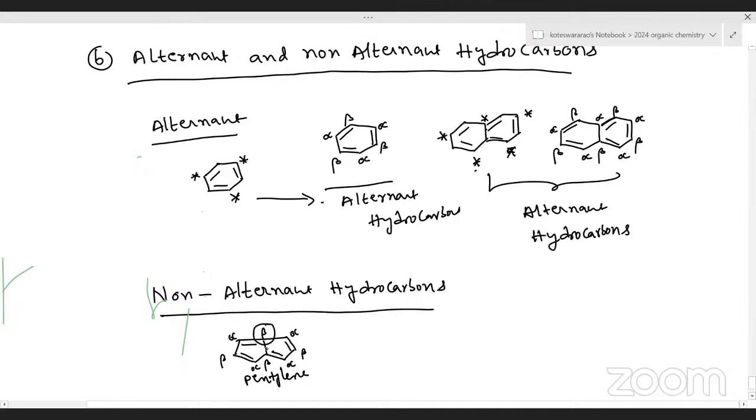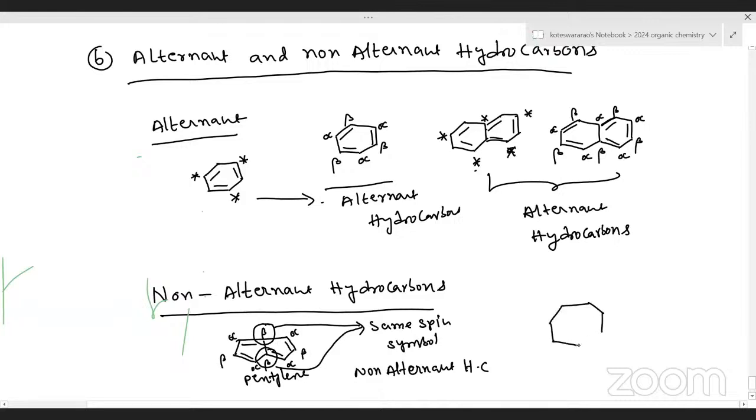These two adjacent pi centers have the same spin symbol. Such kinds of hydrocarbons are called non-alternate hydrocarbons. And another example, you take azulene, a 7-member ring.